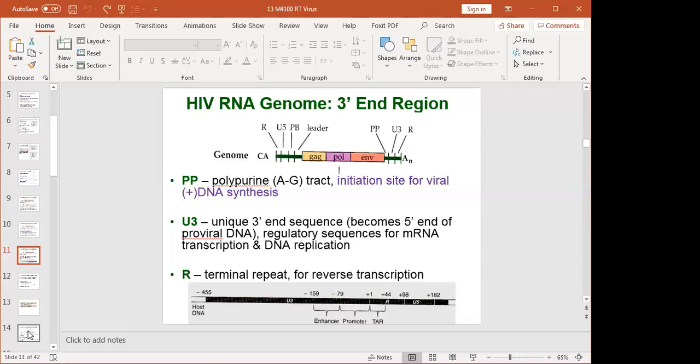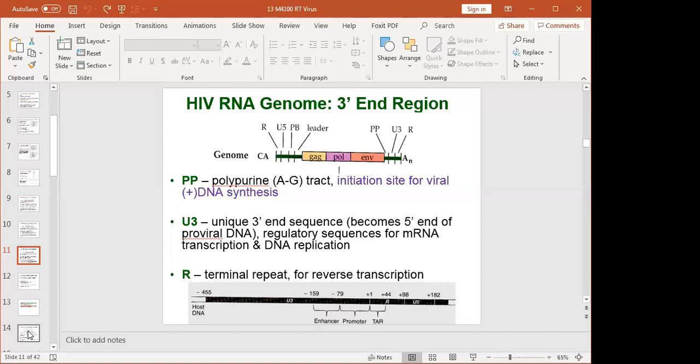U3 on the 3' end is a unique sequence at the 3' end. This unique 3' end sequence will become the 5' end of proviral DNA, the exact same way that U5 will become the 3' end. U3 will become the 5' end of the proviral DNA, because from RNA with RT, we make a DNA.